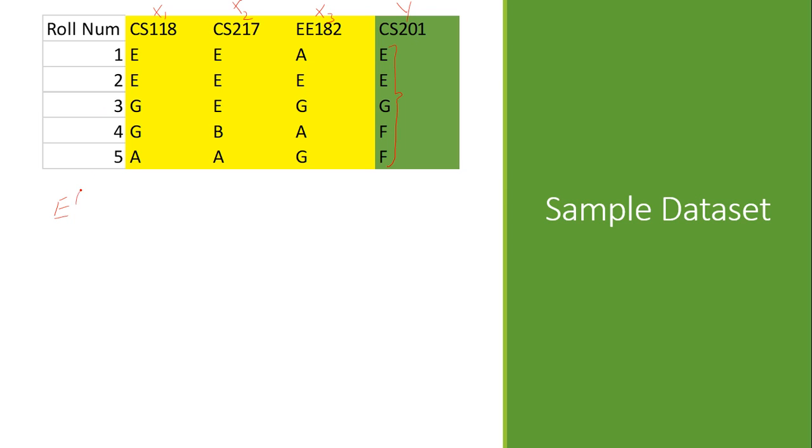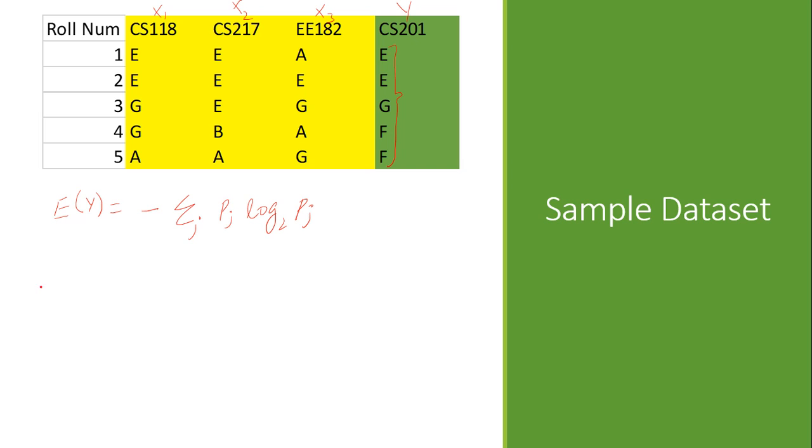So the formula, let me rewrite it here. E of y is equal to negative of the sum over j, all the possible values, of the probability of each value multiplied with the log base 2 of the probability of that value.